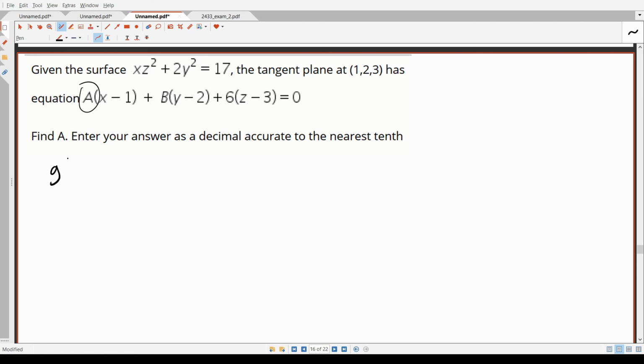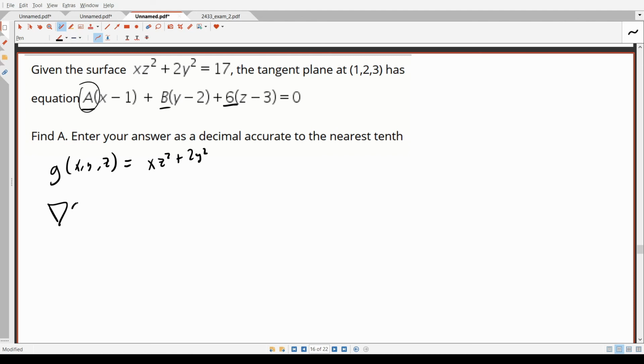But if we say that g of x, y, z equals xz squared plus 2y squared, the gradient of this function is going to be the normal vector for the tangent plane. Okay, so that means that these are going to be the components of the normal vector.